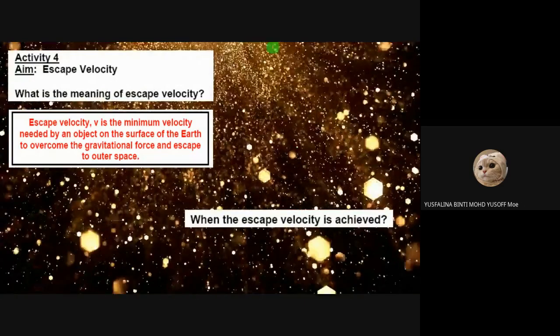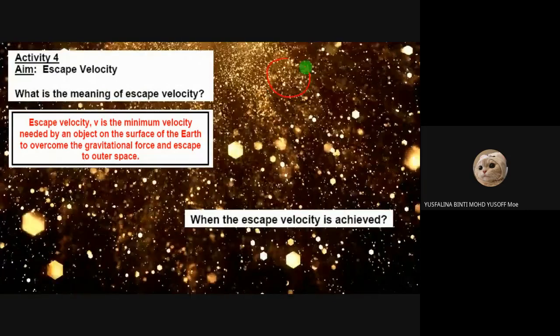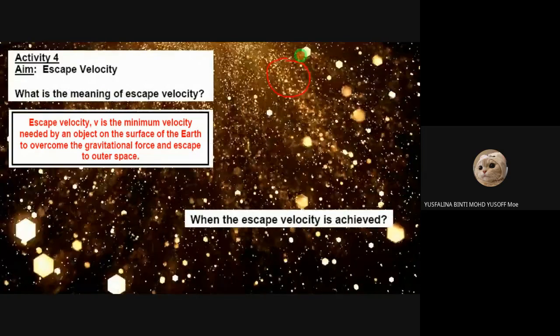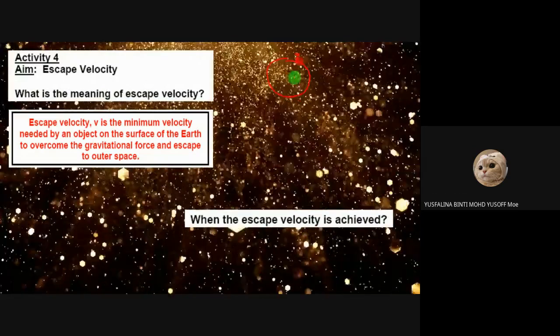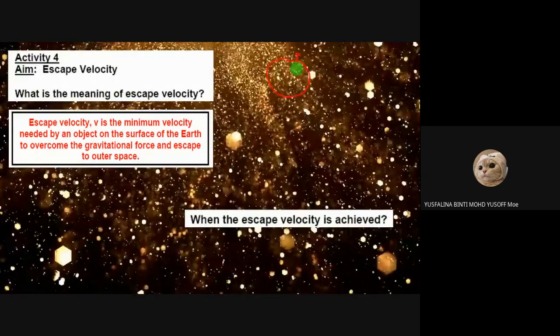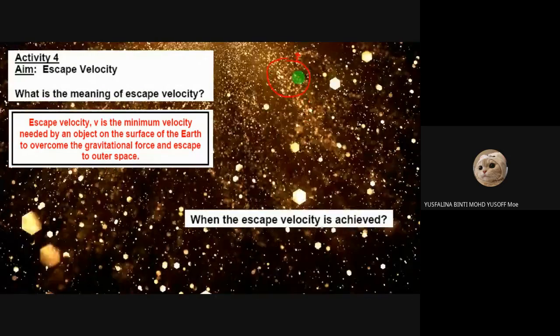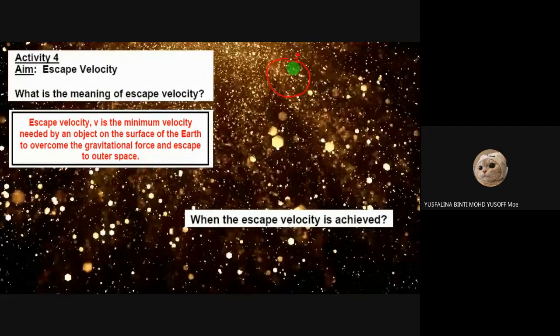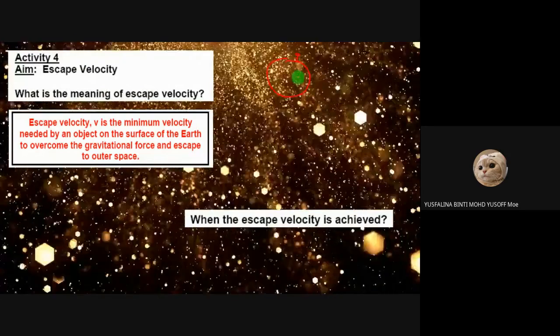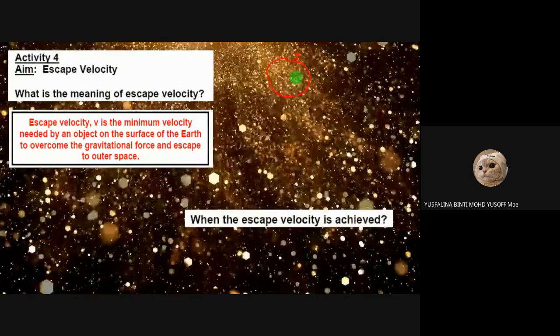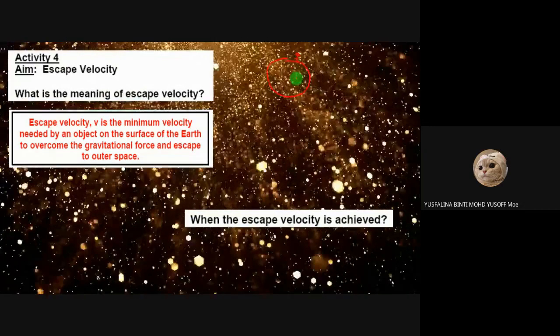On the surface of the earth there is a gravitational force. Let's say this is you. There is a gravitational force acting on you that we call weight, right? If you want to go to outer space, you need to overcome the gravitational force first. Then after that, you can go to outer space.